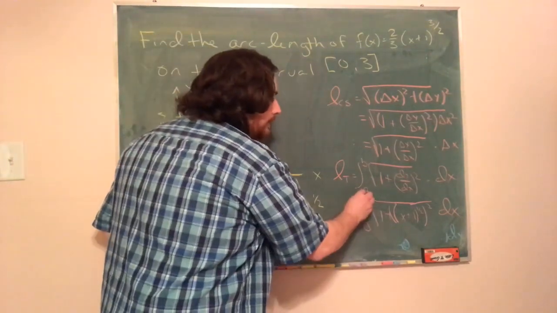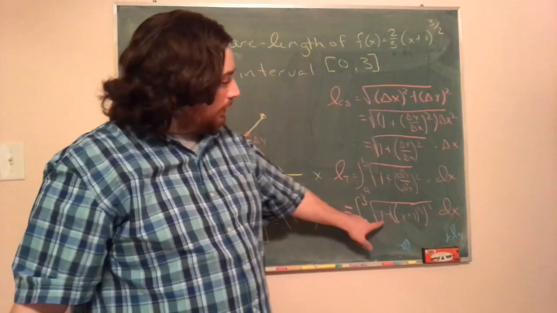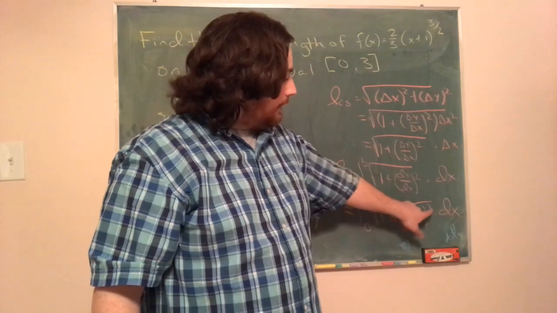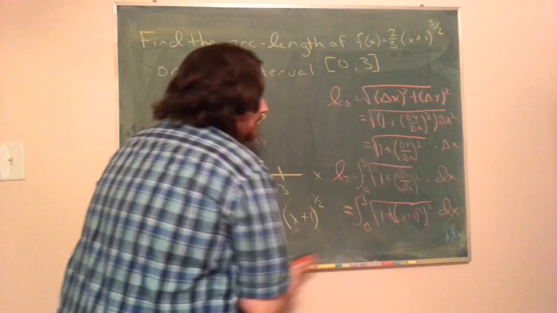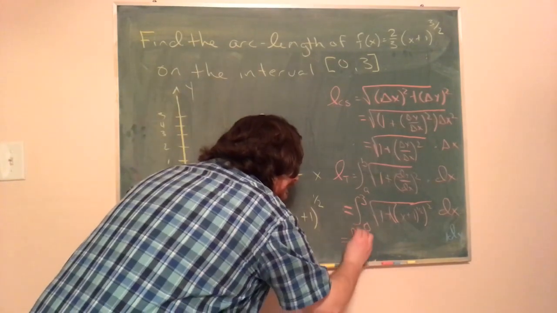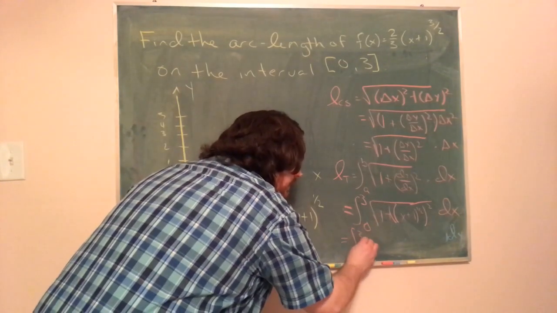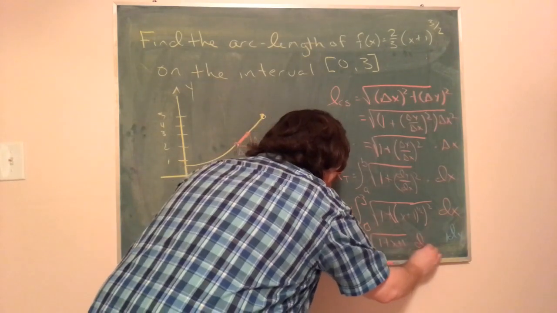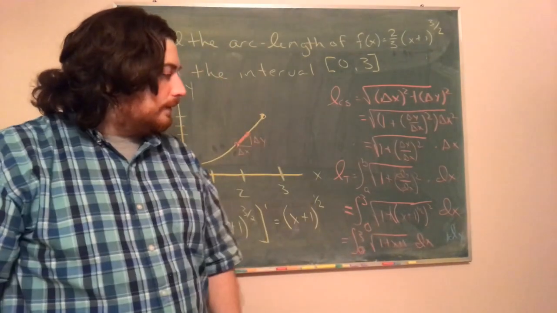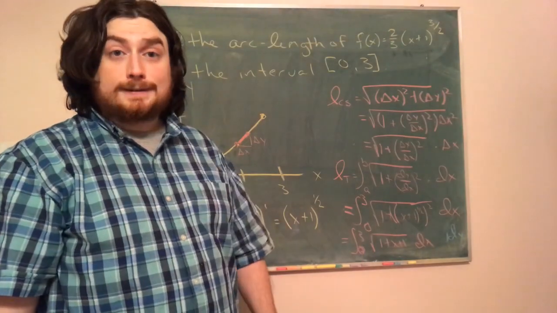So I'm going to integrate from 0 to 3 the square root of 1 plus ((x plus 1) to the 1/2) squared dx. Or, if you prefer, this is the integral from 0 to 3 of the square root of 1 plus x plus 1 dx, or the integral from 0 to 3 of the square root of 2 plus x dx.